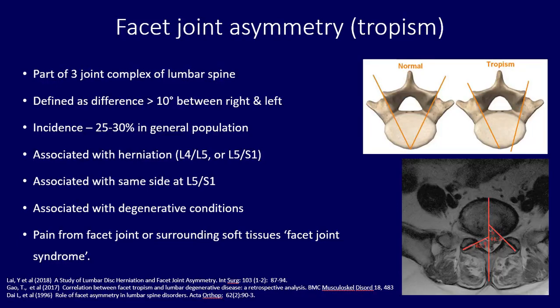Over a period of time, repeated flexion movements will stress one facet joint of the tropic pair more than the other. In the short term, that can lead to pain from inflammation of the facet joint, and in the long term, sometimes to degeneration of the joint.